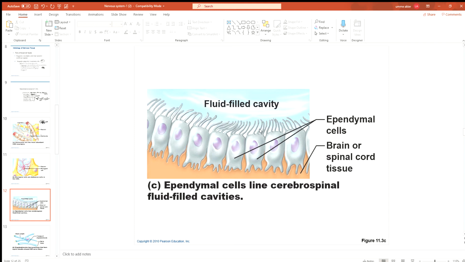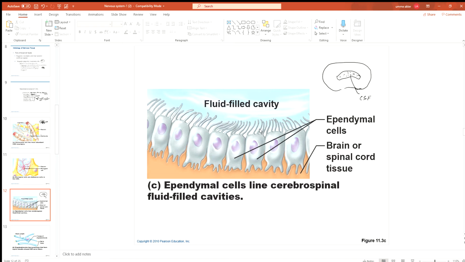Ependymal cells: inside the brain, you have fluid-filled cavities. Like this is your brain again, and this is a cavity inside the brain called the ventricle, and the ventricles are filled with what? Cerebrospinal fluid, or CSF.